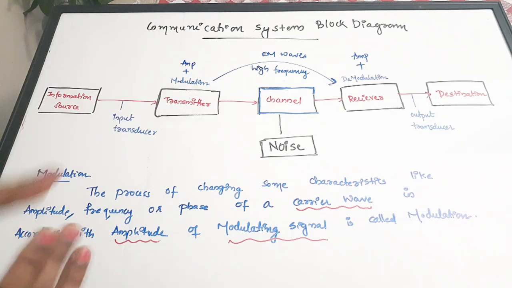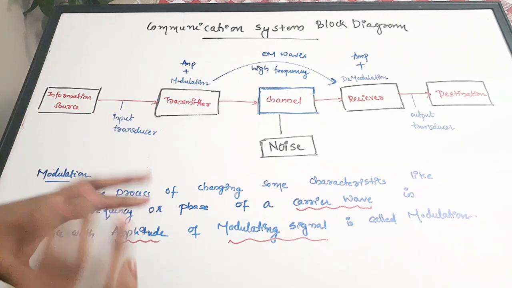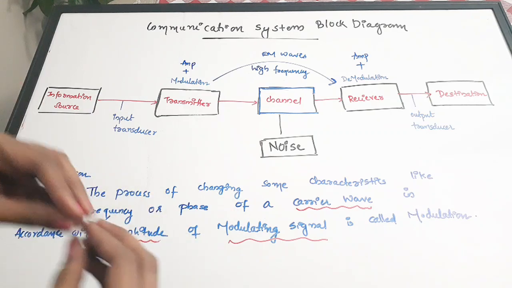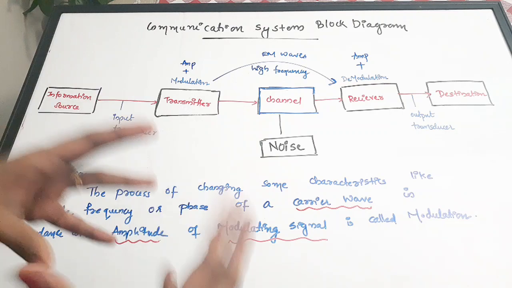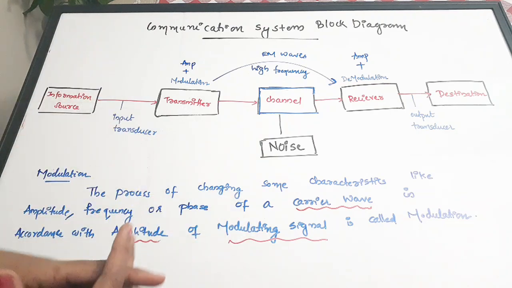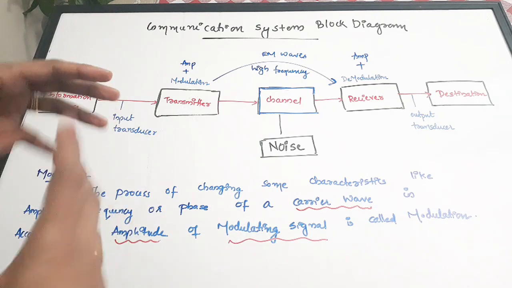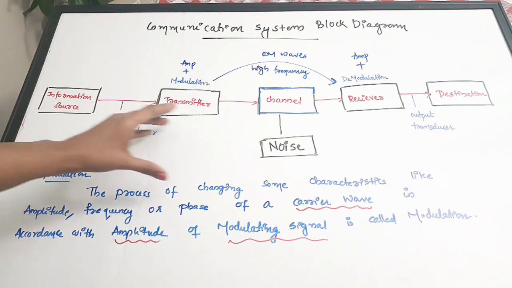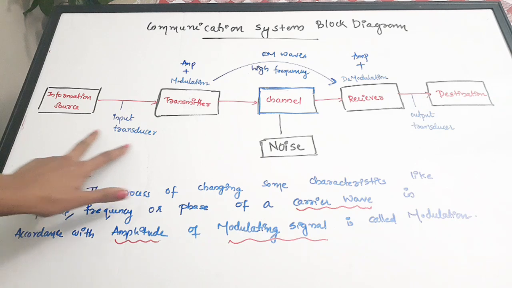Now we'll be studying what is modulation later on, but just know that modulation is a basic principle in which we use a high frequency waveform, called the carrier waveform, and we modify some properties of the carrier waveform in accordance with our input signal coming from the transducer.